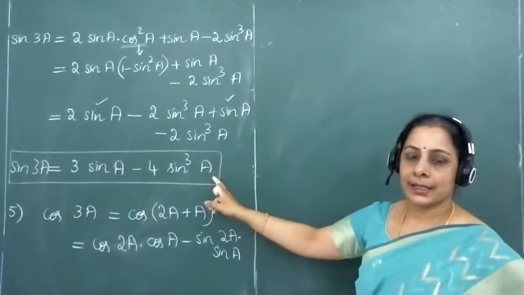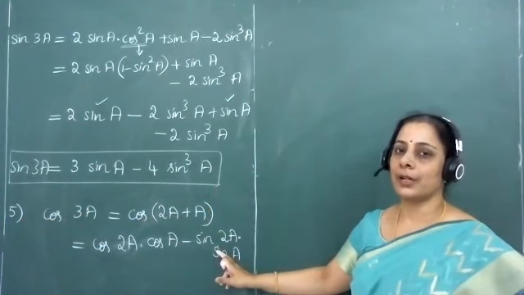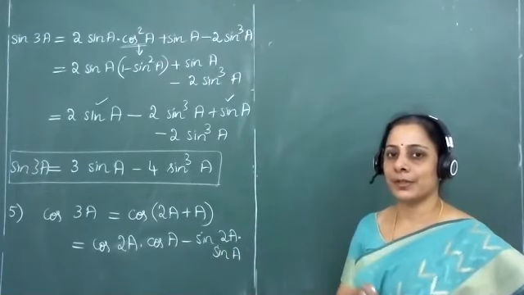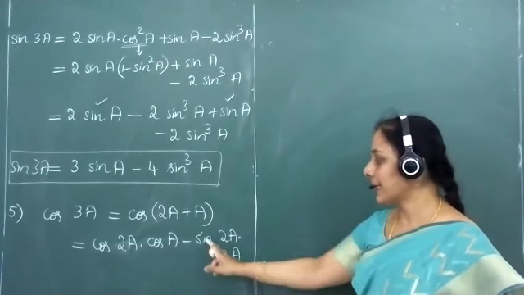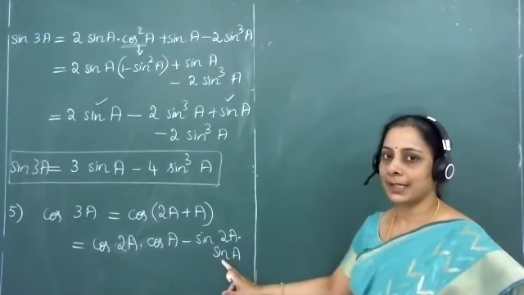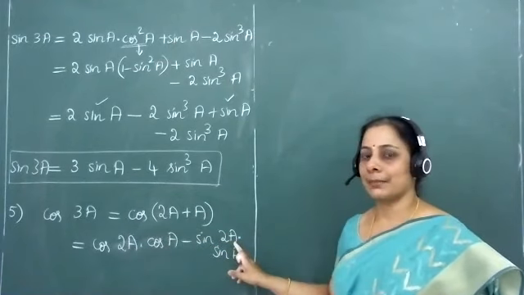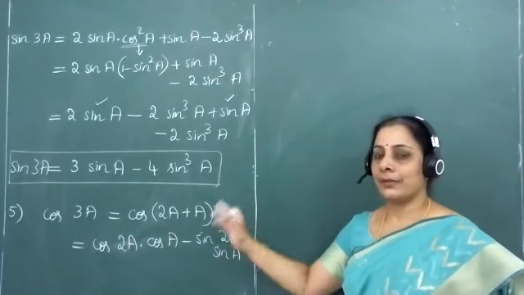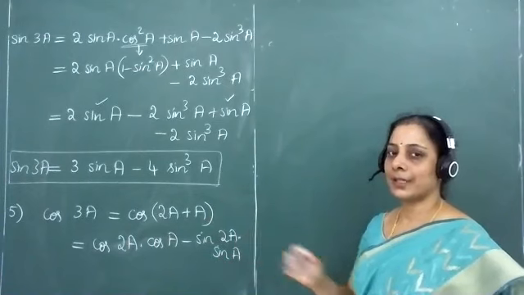And just like in the case of the sin 3A formula, every term in the formula of cos 3A must be explicitly written only in terms of cosine ratio. That means sin 2A, sin A must get eliminated. But before that, you can see here 2A is a multiple angle. So cos 2A, sin 2A will have to be written down in terms of their respective formulae.